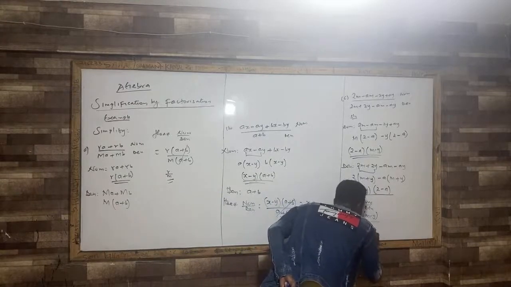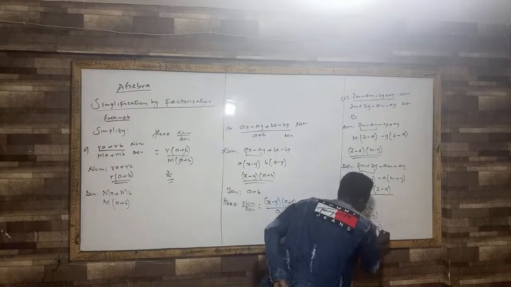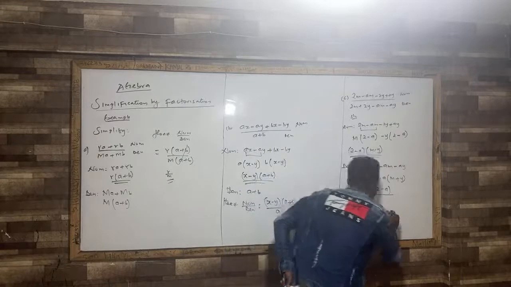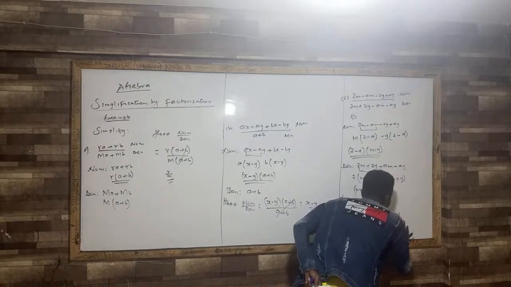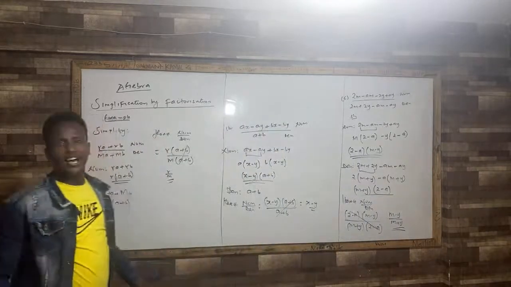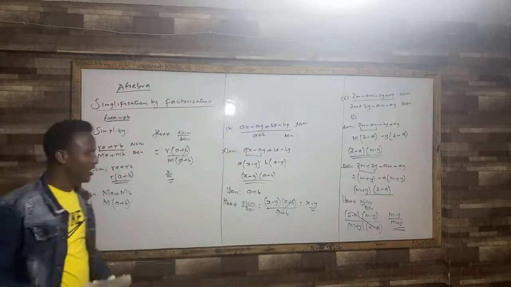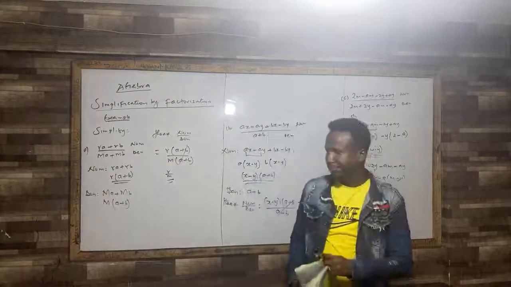Please understand here. 2 minus a. Now cancel these two. So you are left with m minus y all over m plus y. Final answer. Very, very easy. Go with me, yeah? I hope you have digested, okay?